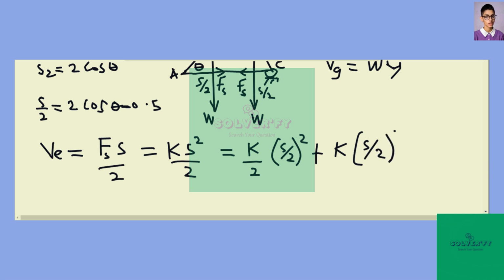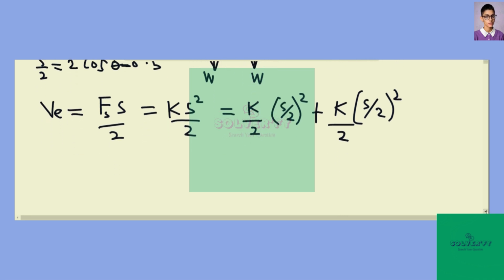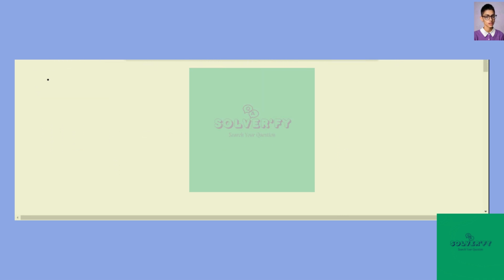So we can just plug these in. Our potential function is V sub G plus V sub E.